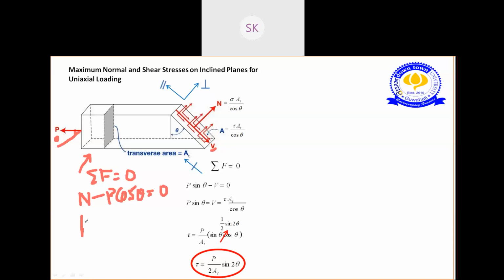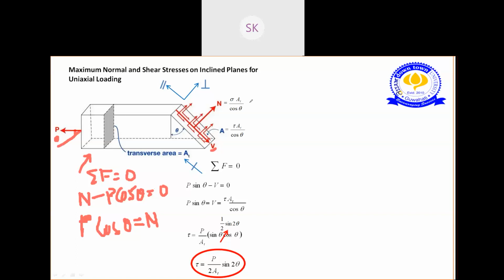You can write P cos theta equals N, and we know from the previous slide what N is. How much N did you get?